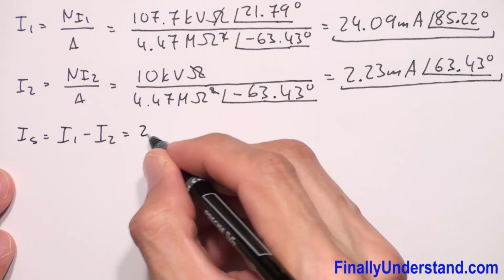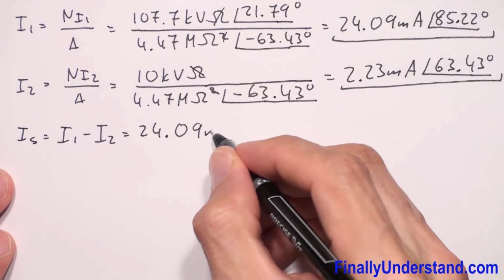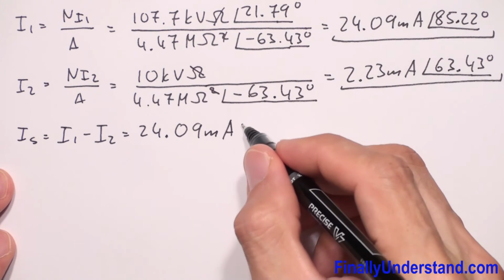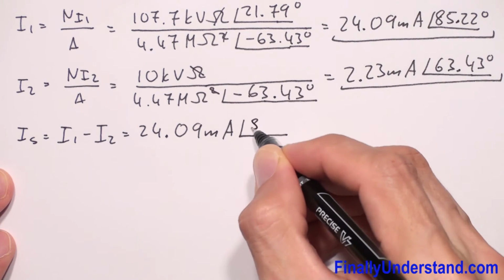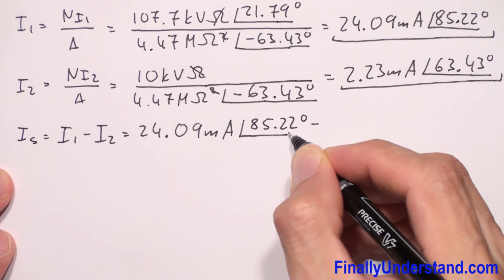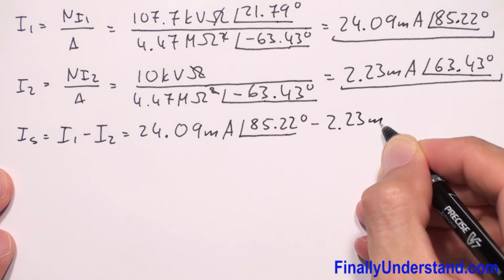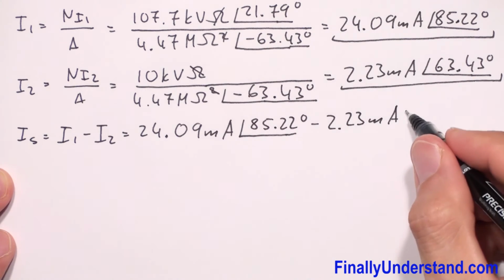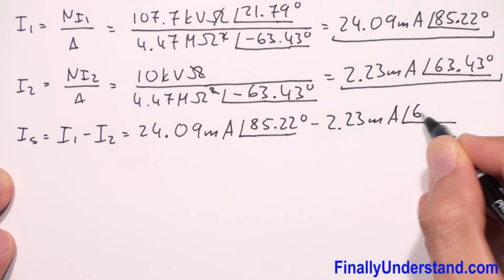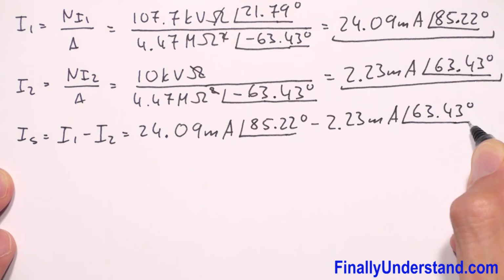I1 is equal to 24.09 milliamps and angle of 85.22 degrees, minus 2.23 milliamps and angle of 63.43 degrees.